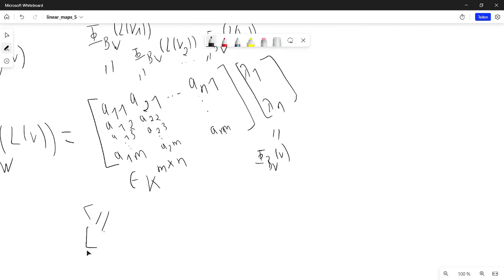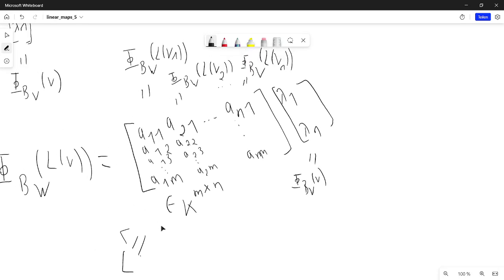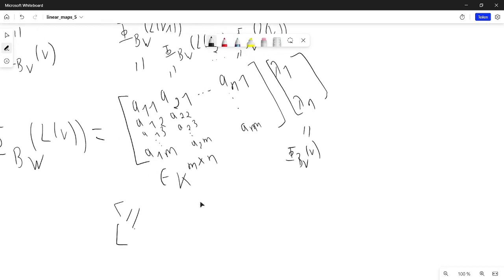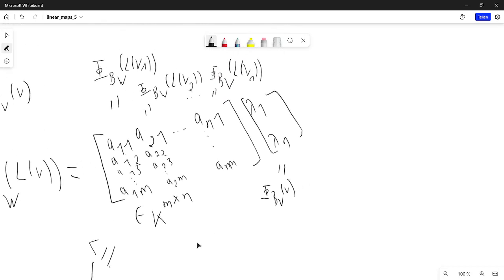But of course, since the bases could be chosen completely differently, it is not actually an identification with this matrix, but identification with any such matrix and with all such matrices simultaneously.